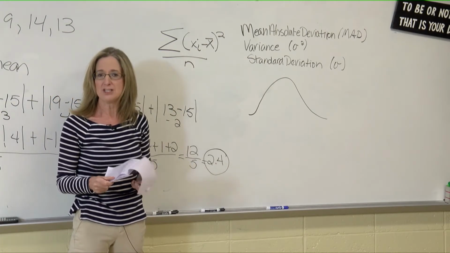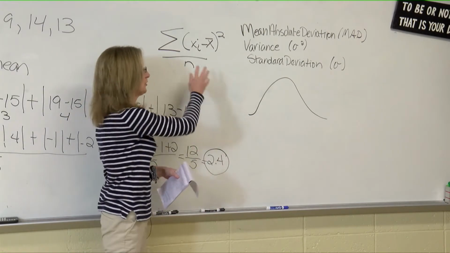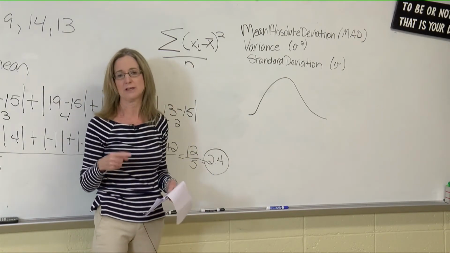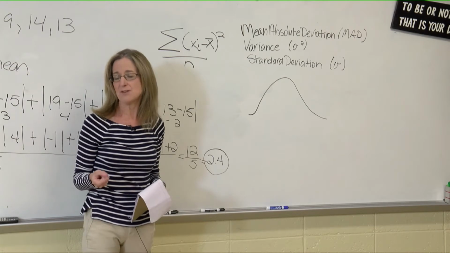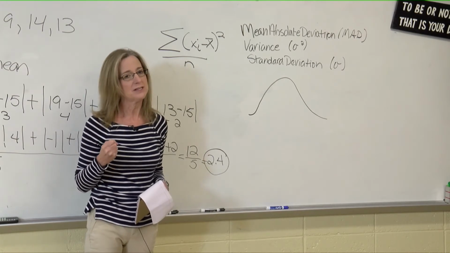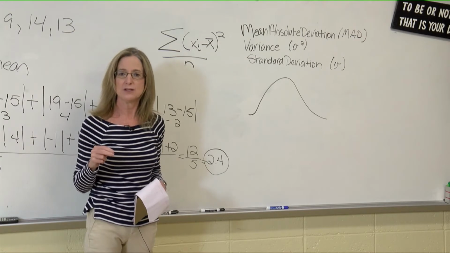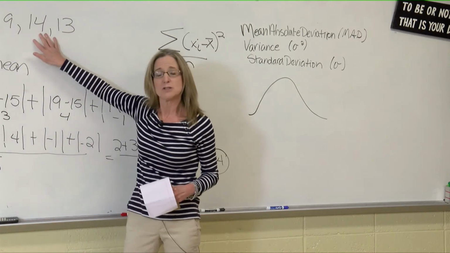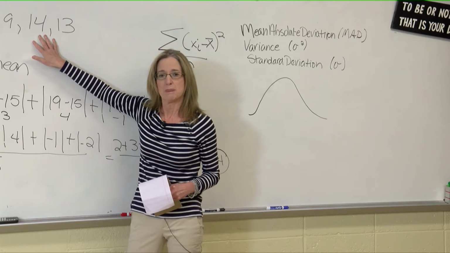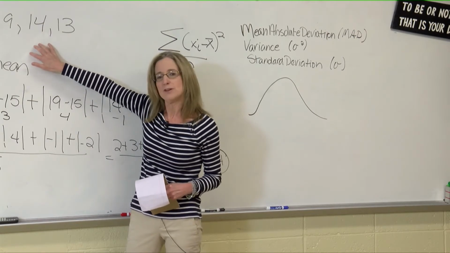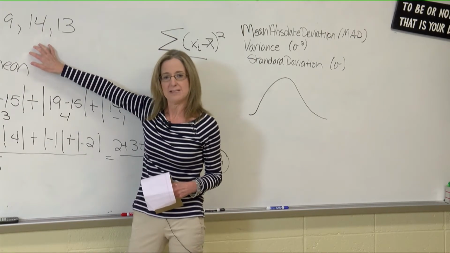Now, let's talk about this real quick. There's something called population variance and there's something called sample variance. Let me make a distinction between the two. I'm using what's called population variance. That just simply means these are the only numbers in my data.